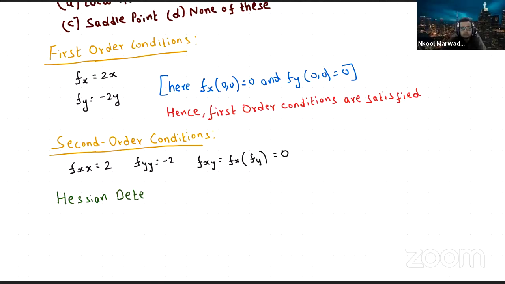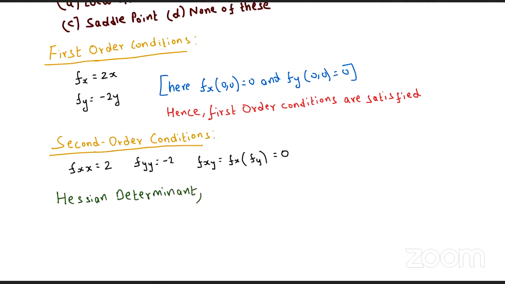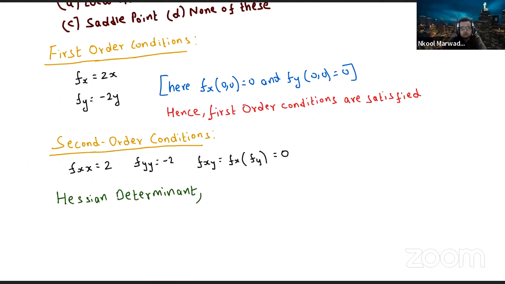The Hessian determinant is f of xx at a comma b, f of yy at a comma b, minus f of xy at a comma b, whole square.